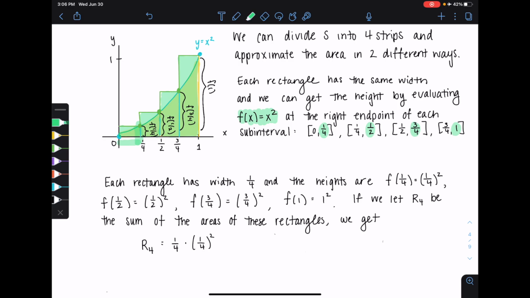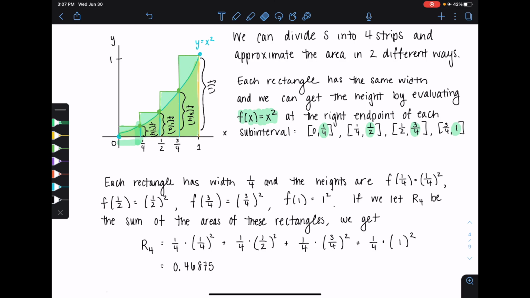Moving on to this next interval here, that width is 1/4 as well, and the height is 1/2 squared. My third strip has 1/4 as its width, the height is 3/4 squared, and my last rectangle has width 1/4 and height 1 squared.